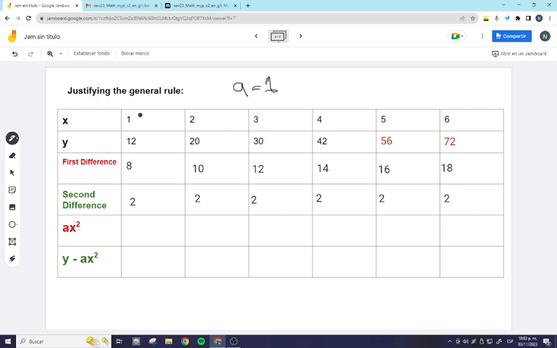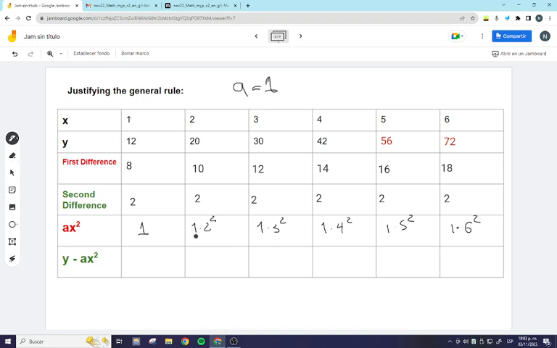So 1 times 1 squared, that will be 1. Now 1 times 2 squared, 1 times 3 squared, 1 times 4 squared, 1 times 5 squared, 1 times 6 squared. Okay, let's do it.